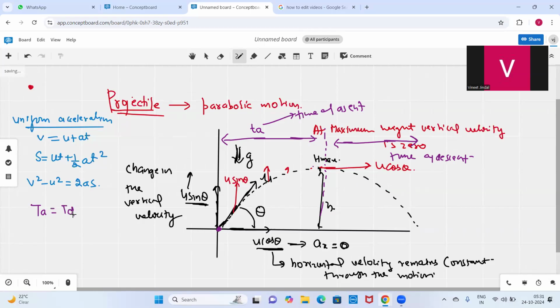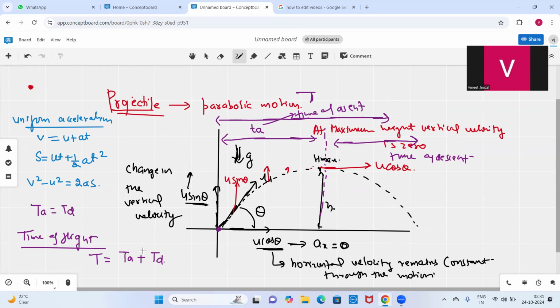Whatever time it takes to reach the top is equal to the time it takes to reach the ground. There is one thing which is called time of flight. It is the total time during which the object is in the air. This is the time of flight, capital T. Time of flight is equal to time of ascent plus time of descent. As I already told you, the projectile is symmetrical, so time of flight is double the time of ascent.